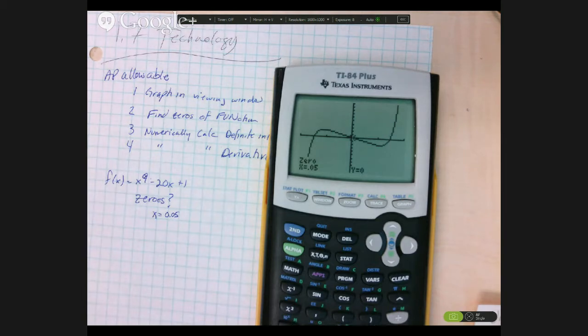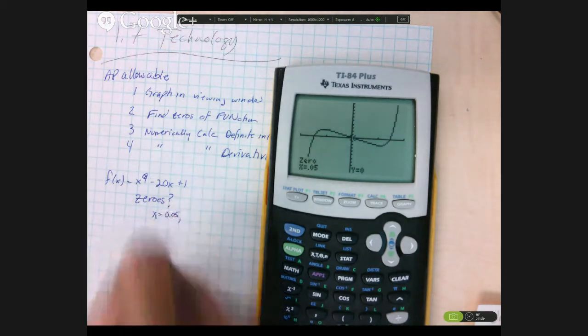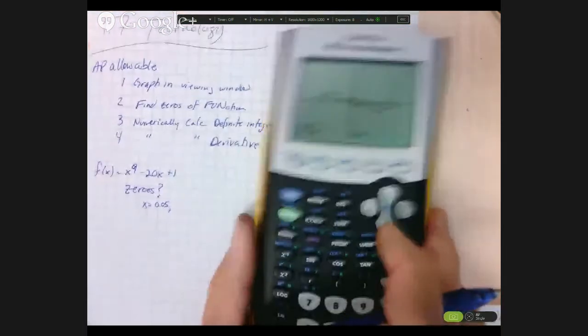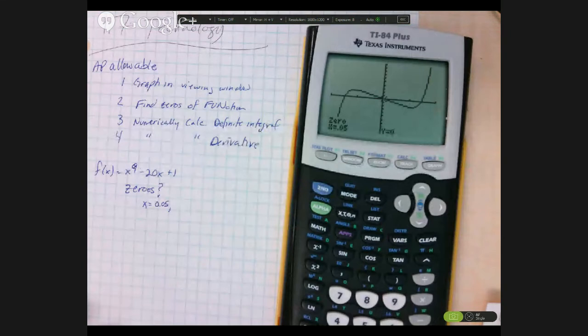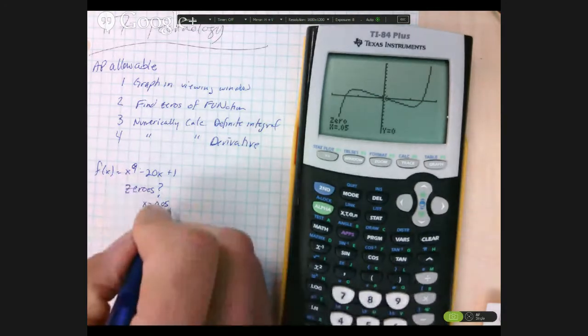Any questions? Give me a zero. Which one did you see? 0.05, that's good. But negative 1.36.